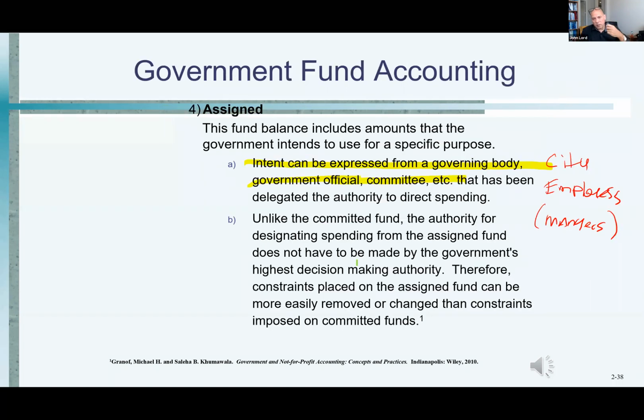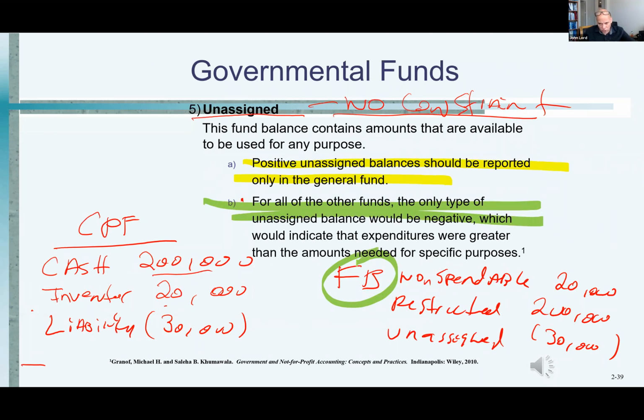For assigned, you're seeing that the city employees, in exercising their fiduciary responsibility, have decided to put some money aside for some purpose, and they're telling you that. And then when you get down to unassigned, unassigned is basically saying this money can be spent however within their fiduciary responsibility. Again, they can't spend it at the racetrack, but for the unassigned, the key thing is only the general fund can have a positive unassigned.